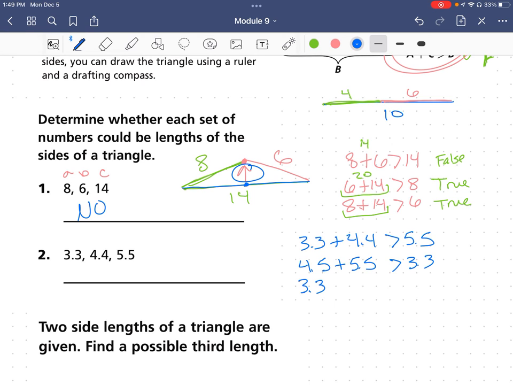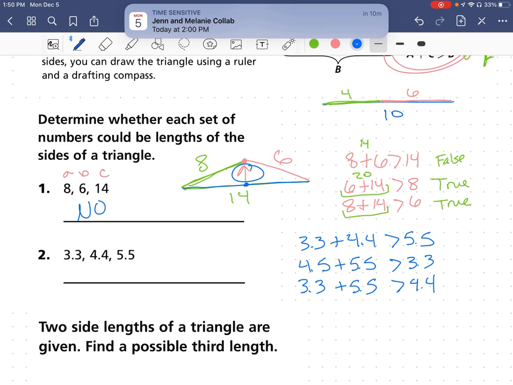And is 3.3 plus 5.5 greater than 4.4? Take a minute, pause the video, add those up. Are all three of these true? If they are, yes, it's a triangle. If not, it is not a triangle.